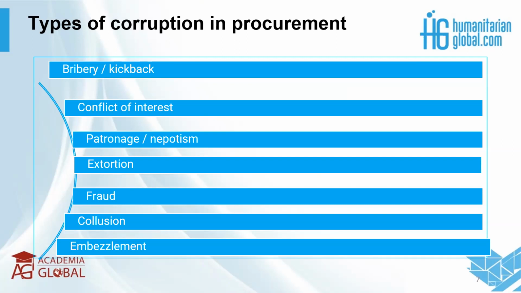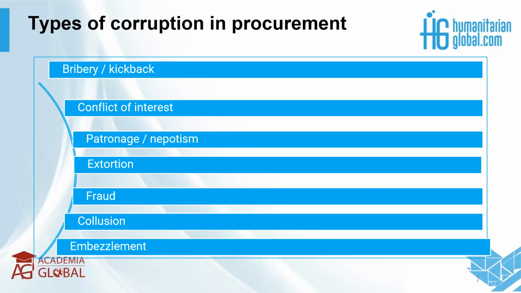So we move on to extortion. Extortion may entail causing or threatening to harm a person in order to obtain an advantage, and it does not constitute a win-win situation. This is why you extort: you threaten either a supplier or an organization so that you win and they lose.